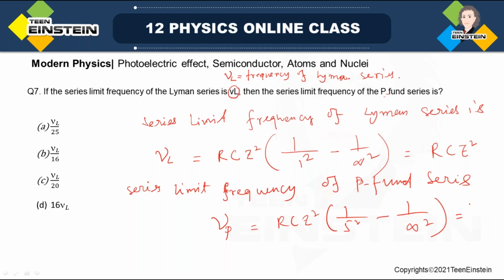This will give you R C Z squared by 25. Therefore, this will be nu L by 25. So the first option is the correct option.